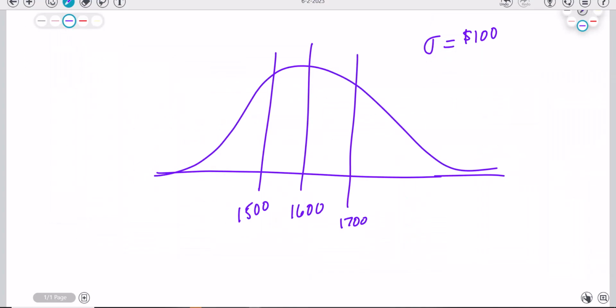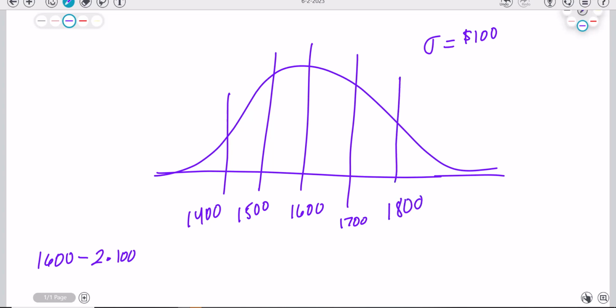Well, how you get 2 standard deviations, you either just multiply the standard deviation by 2, or you can just go one more, 1,400, because think about it, the mean minus 2 times your standard deviation, so that would be 1,600 minus 200, that's how I get the 1,400, and then right here, I would be at 1,600 plus 2 times 100. So that's saying anything past this, we are considering unusual.